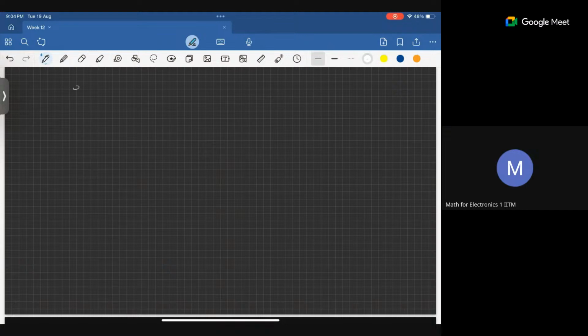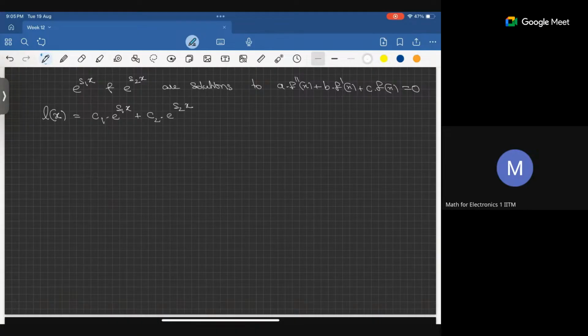So e power s1x and e power s2x are solutions to this ODE, a f double prime of x plus b f prime of x plus c f of x is equal to 0. So now we have some other solution, right? So let's say some L of x, which is c1 e power s1x plus c2 e power s2x. My claim is that even L of x will also be a solution.